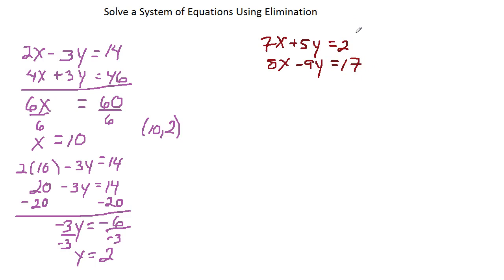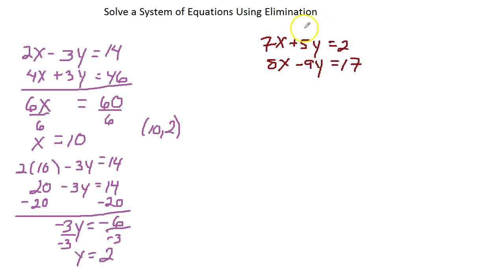Well, let's take a look. Our x's, we have coefficients of 7 and 8. The y's, we have 5 and negative 9. I'm going to choose to eliminate y. Why would I do that? Well, they've already got opposite signs, so I don't have to mess with multiplying by negatives. All right, so let's see.